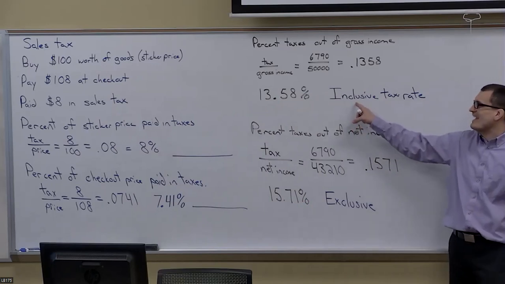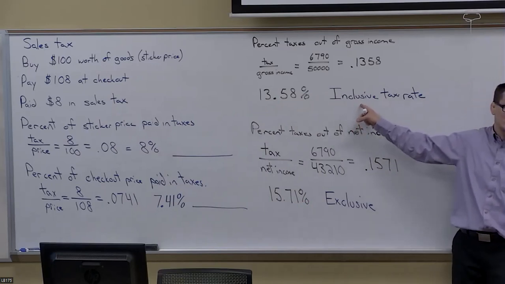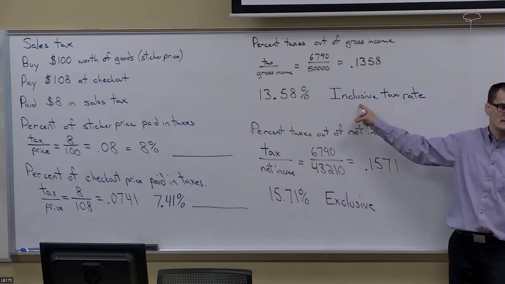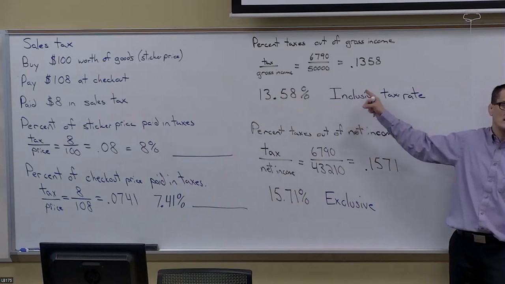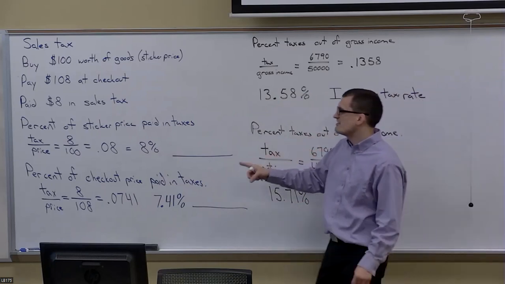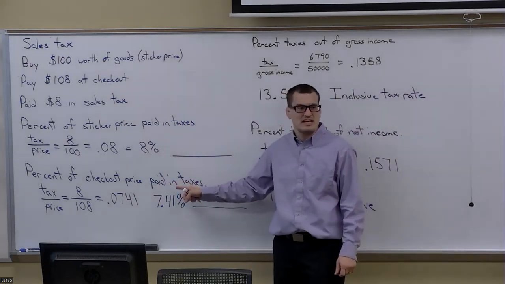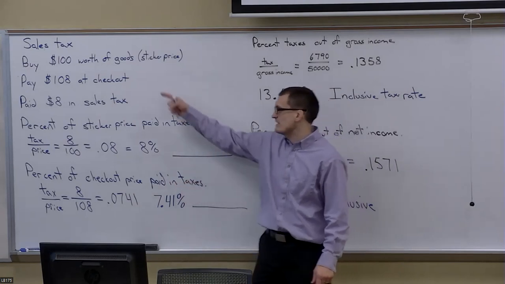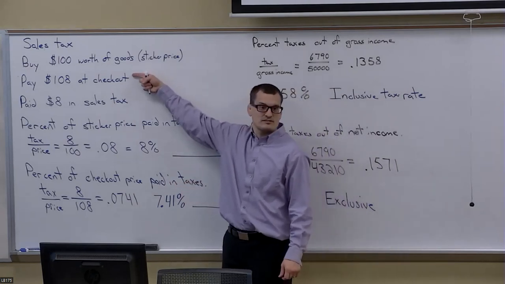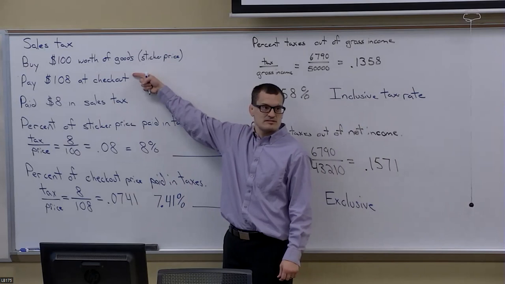Remember, inclusive tax rate is the one with the taxes included. For a sales tax, taxes included is the checkout price. That makes sense?